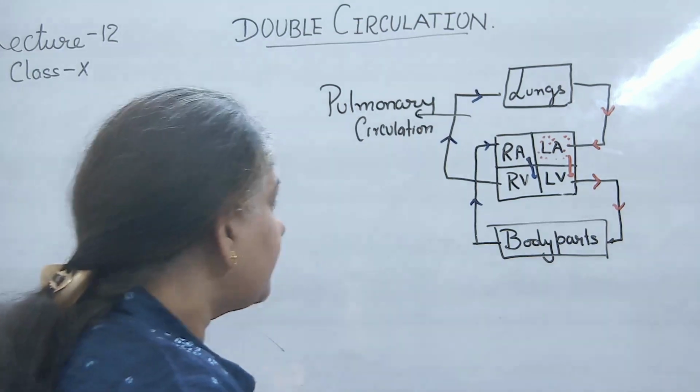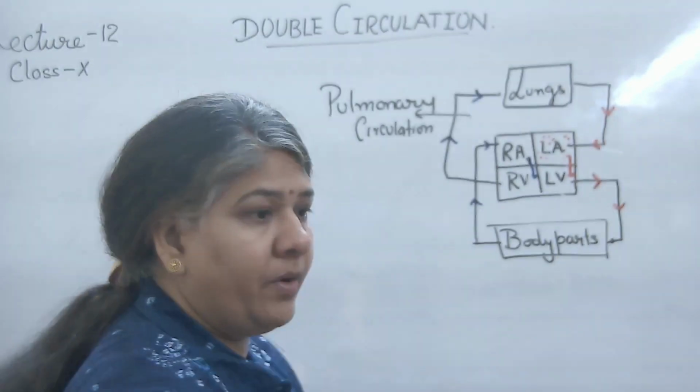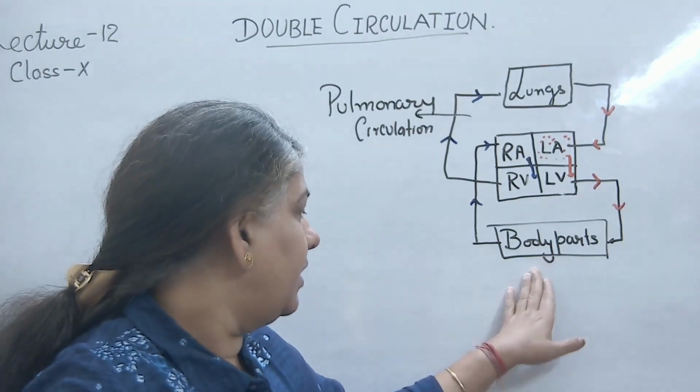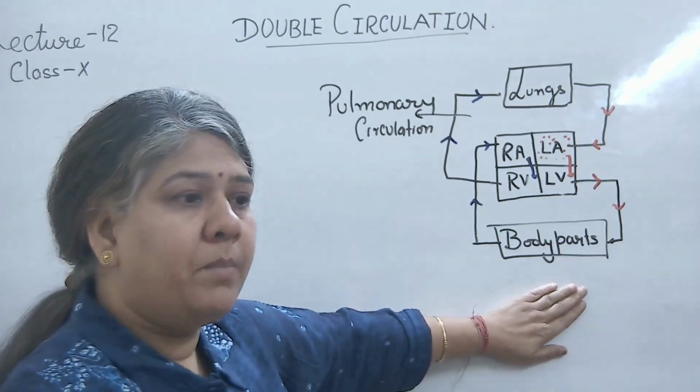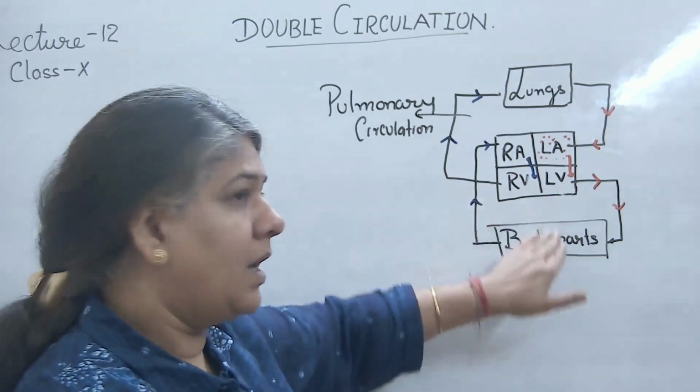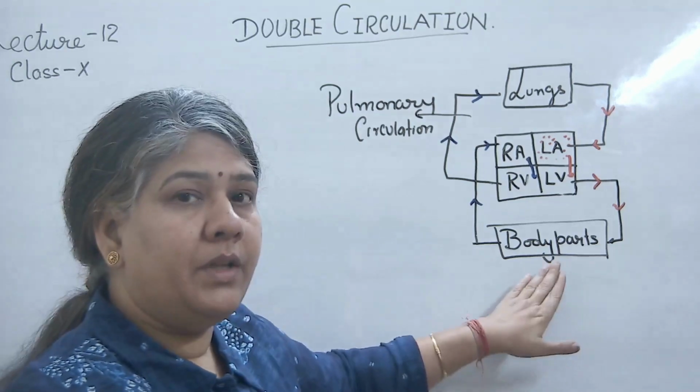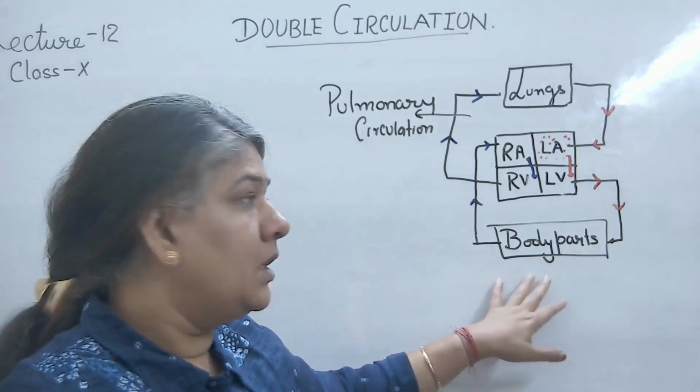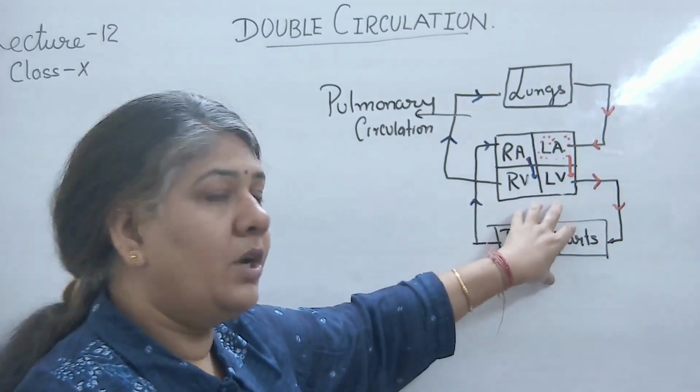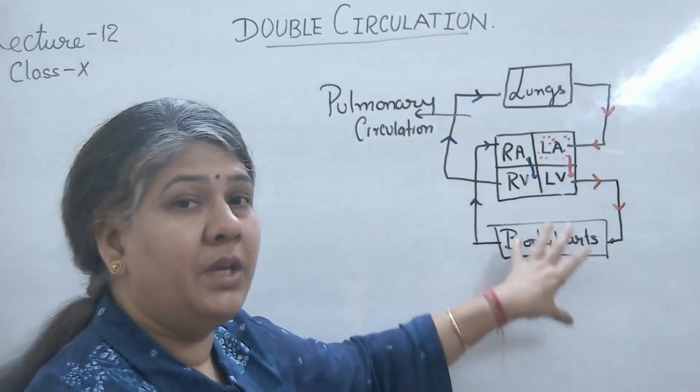See, one thing you must remember, that in schematic diagram we write body parts just below the heart. But you must remember this, these body parts does not mean that we are talking about the body parts which are below the heart.